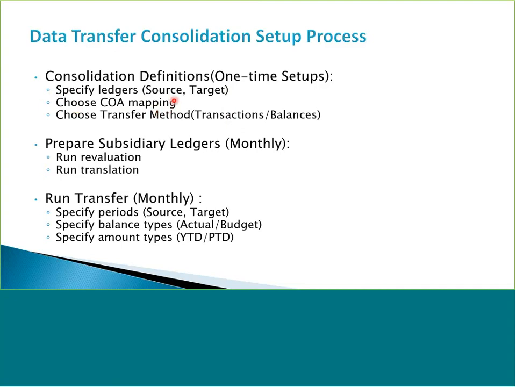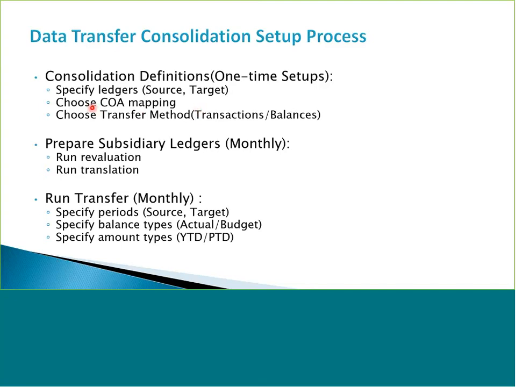I mean, when I say choose, just know that we also have to define this mapping, right? So it's not something that just exists that we select. We have to define this mapping and select it for our particular consolidation process. The other thing that we need to do is to choose a transfer method.